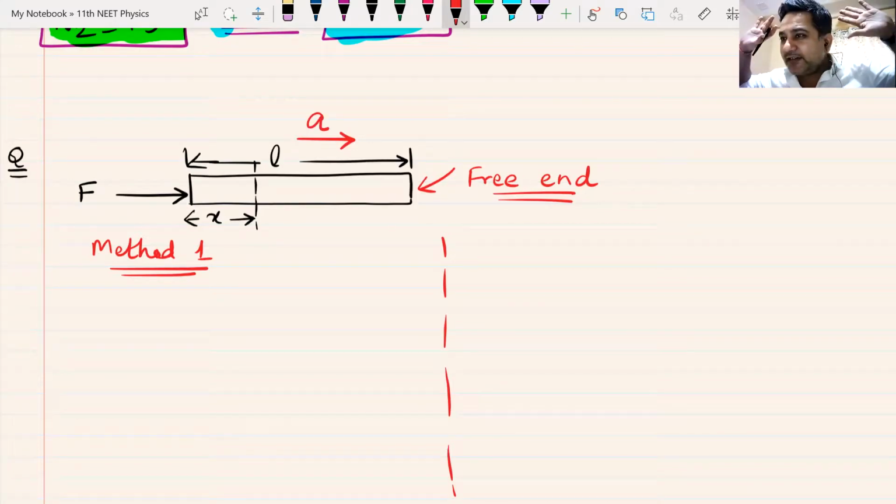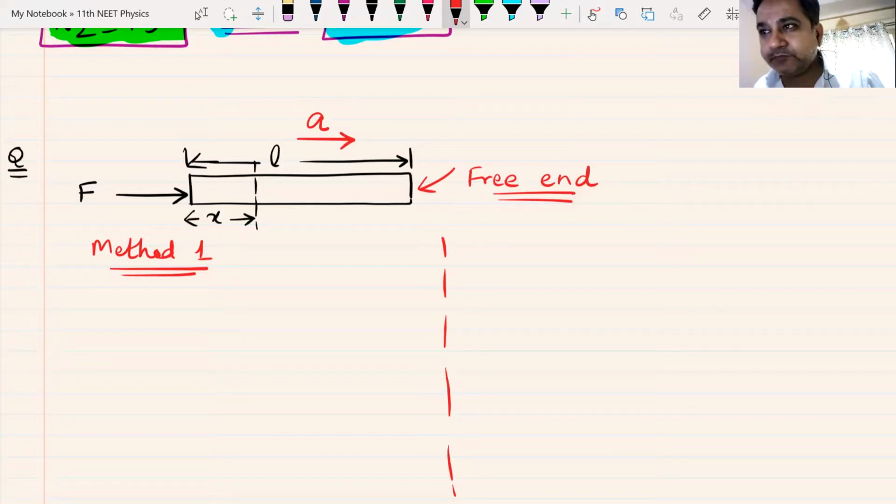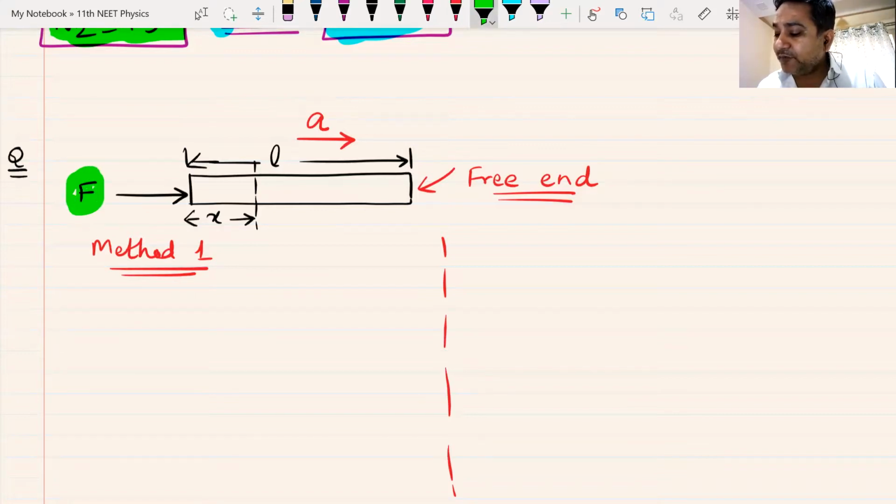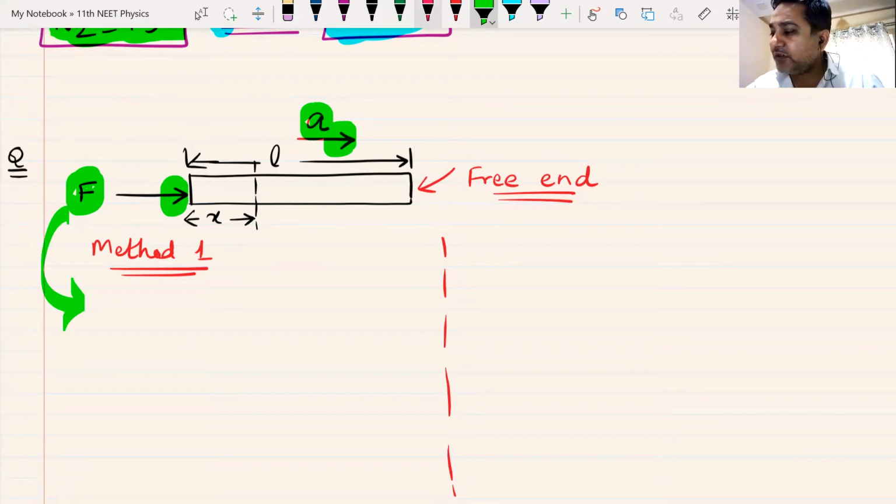Can I have some response that we understand this, sir? Yes, sir. Now, look at the forces. F is acting in the forward direction. Acceleration is in the forward direction and there is no force on the other end. I will simply apply the equation here. Method number one, I'll solve it in green. F is equal to ma.